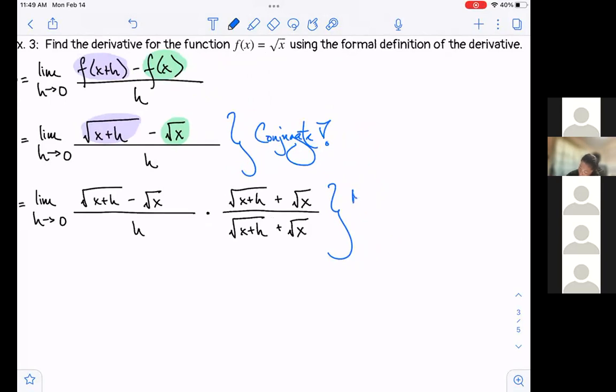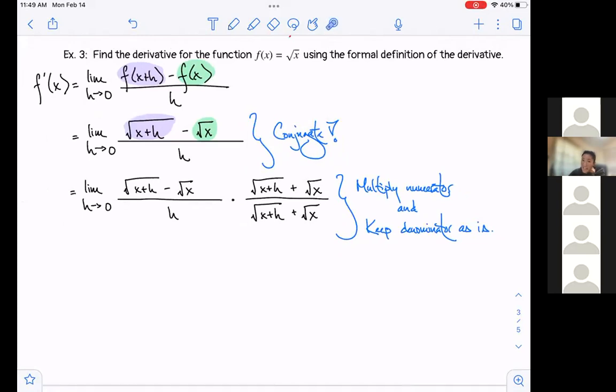Yeah, so we're going to multiply the numerator and keep the denominator as is. How do we know that? Sort of as a nice review from last week, the numerator is where the conjugates are. So that's why we're going to multiply them out. We hope that it cancels with something that we were patient with on the bottom.